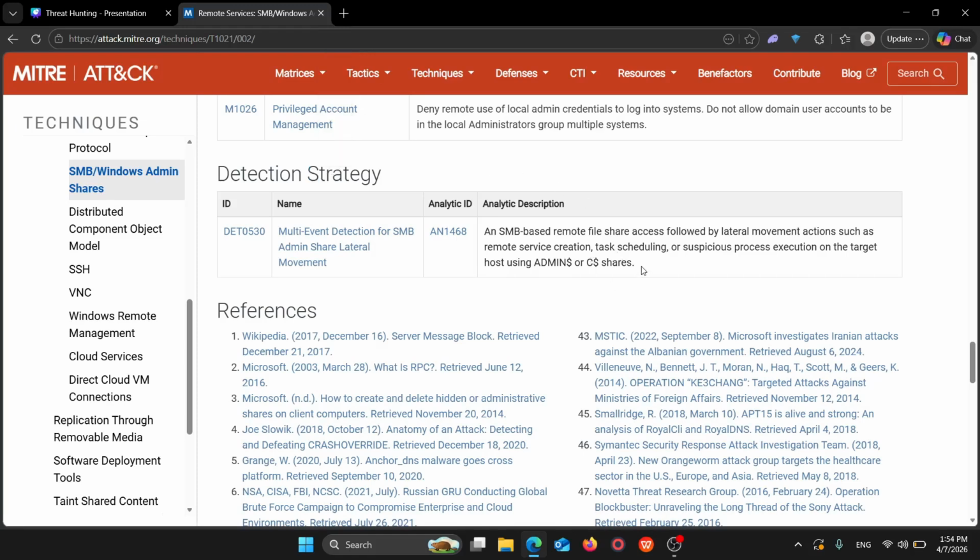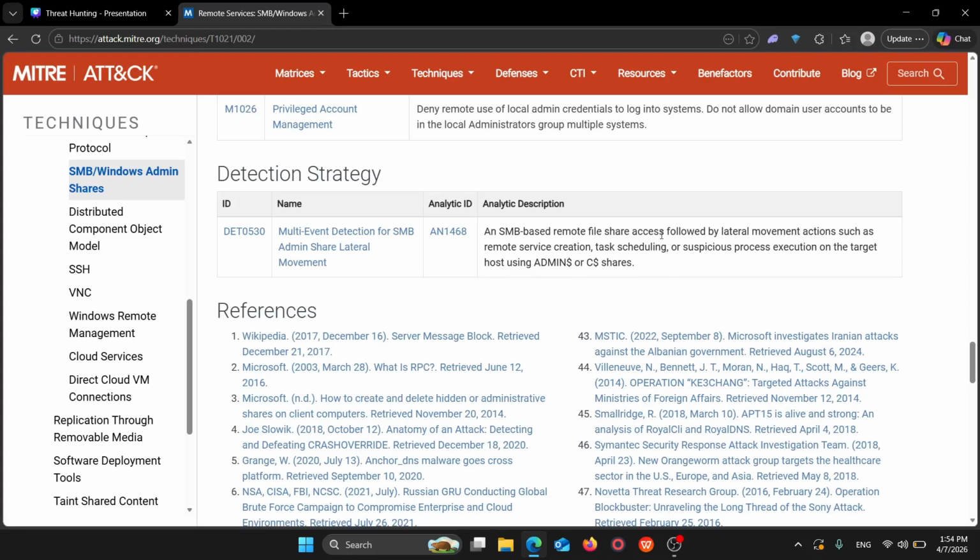In our case, we combined successful authentication, because with lateral movement, after the attacker gains access, he will move laterally across the environment to different hosts in order to look for the domain controller or a specific high privilege target.